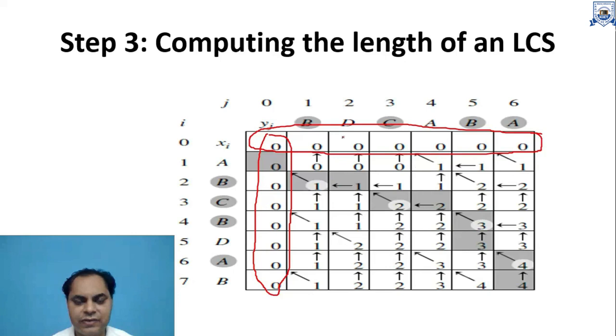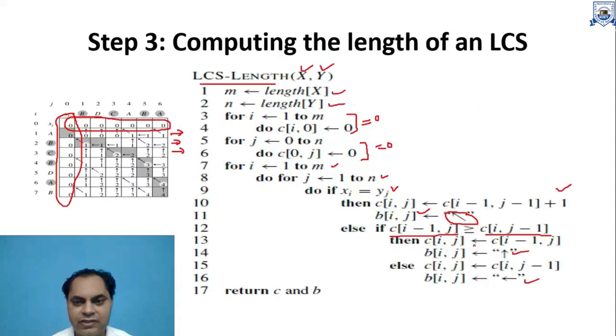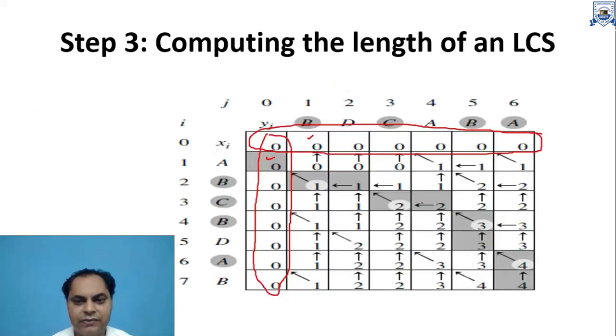Again, for C11, we have to compare two things, this one and this one. If both are equal, then you have to use the upper one, as the algorithm says, like this, and the upward arrow.